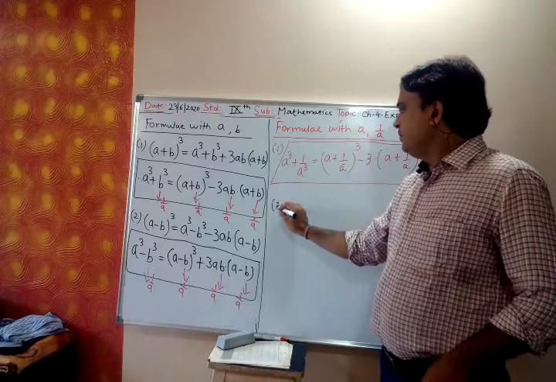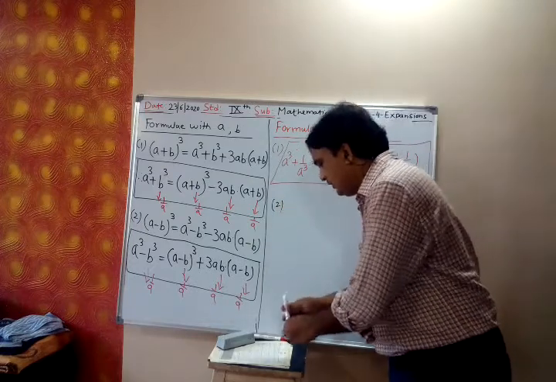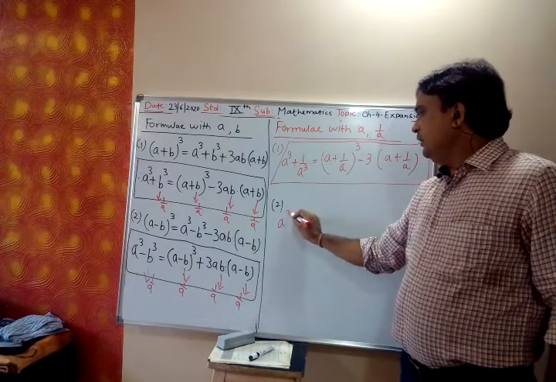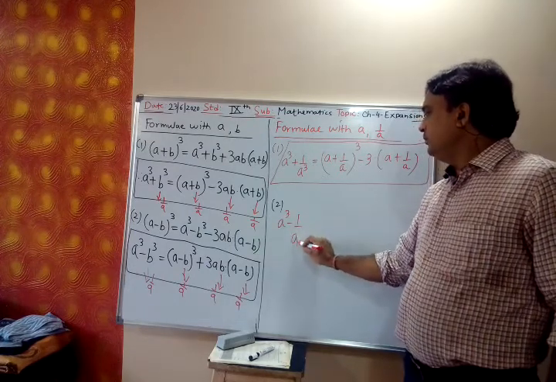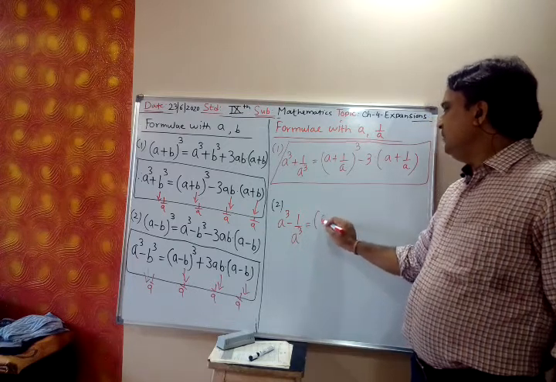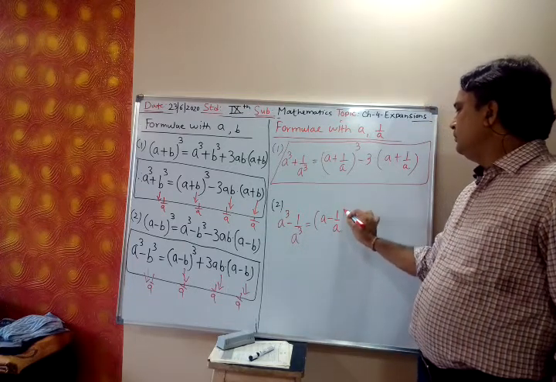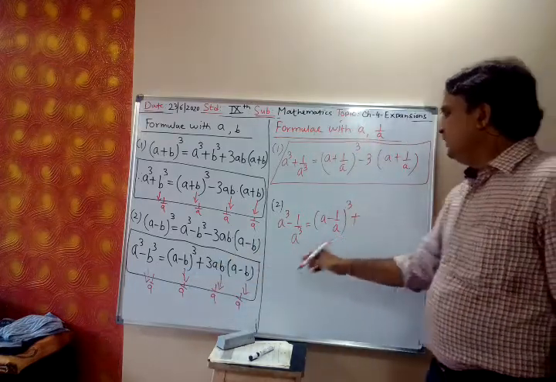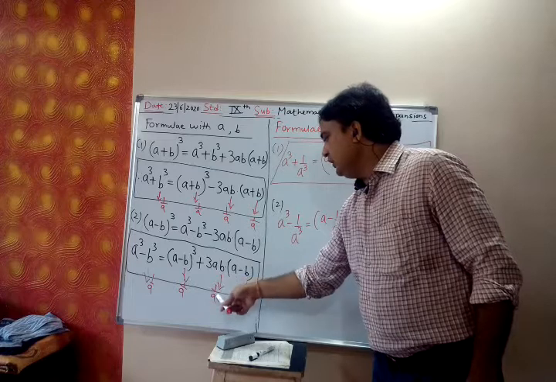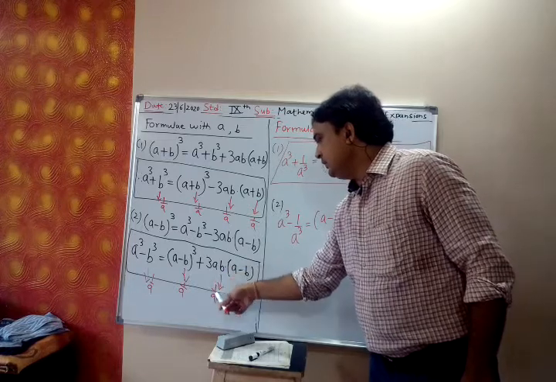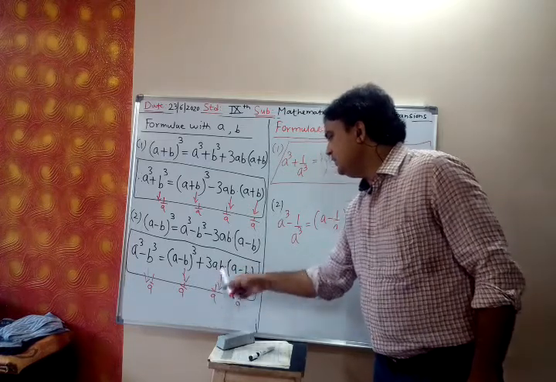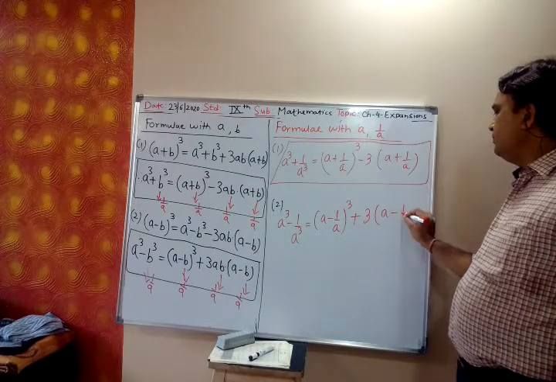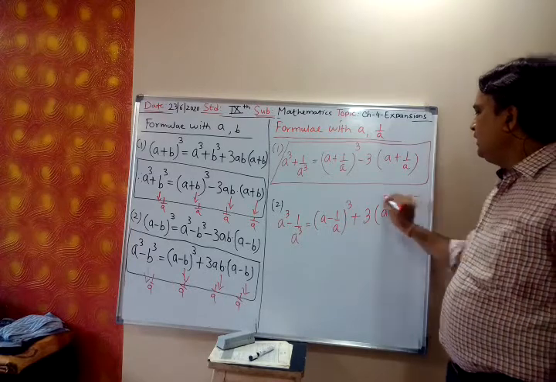So the second formula: a cube minus 1 upon a cube is a minus 1 upon a whole cube plus 3 into a into 1 upon a. A gets cancelled. It is multiplication, so I can cancel numerator and denominator. So it is 3 only. And in the bracket it is a minus 1 upon a.